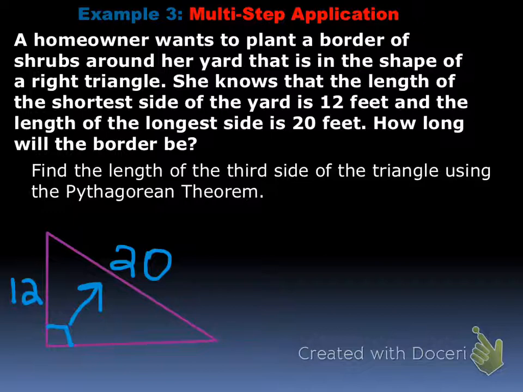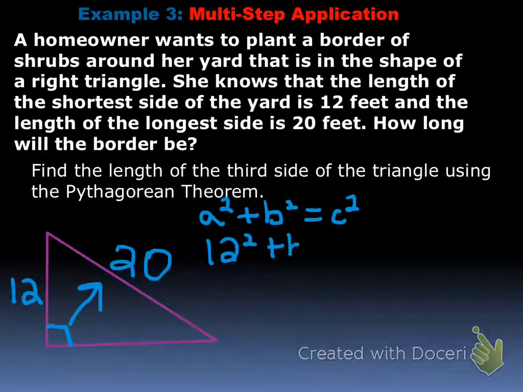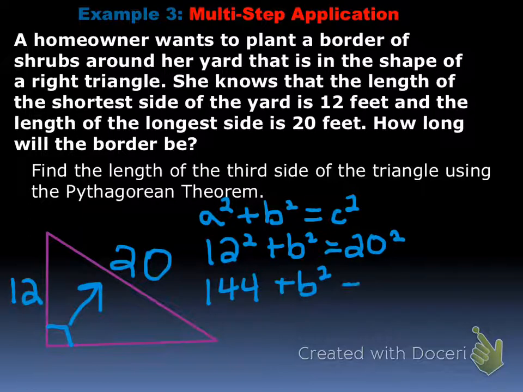So if you remember, our Pythagorean theorem says that a squared plus b squared equals c squared, where c is always opposite the right angle. So we're going to have 12 squared plus b squared equals 20 squared. 12 squared is 144, plus my b squared equals 400.